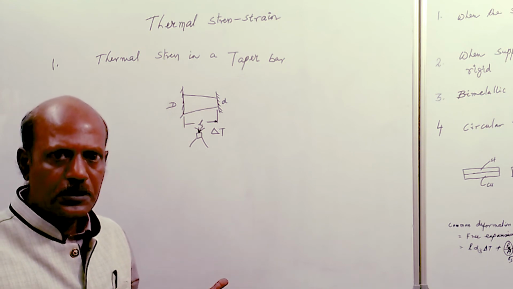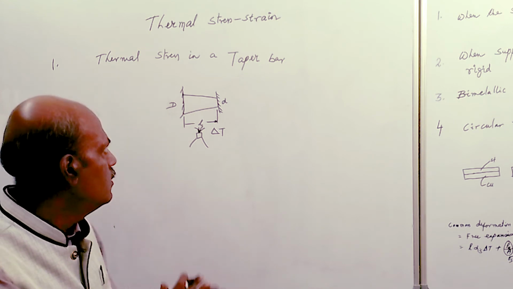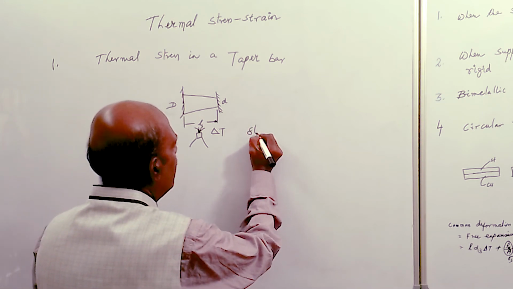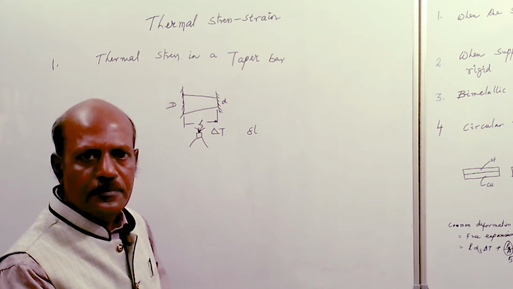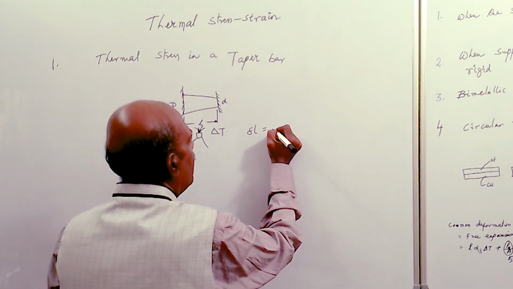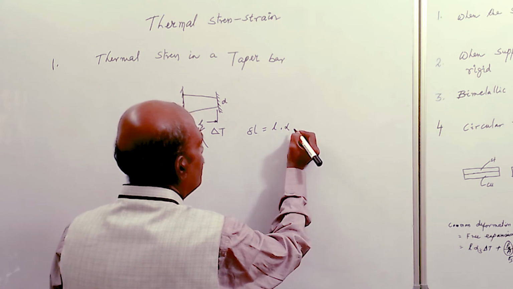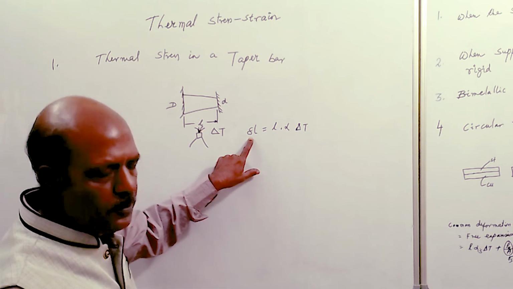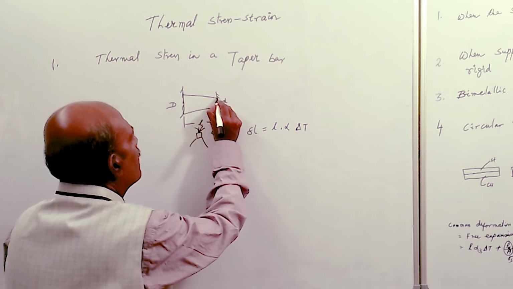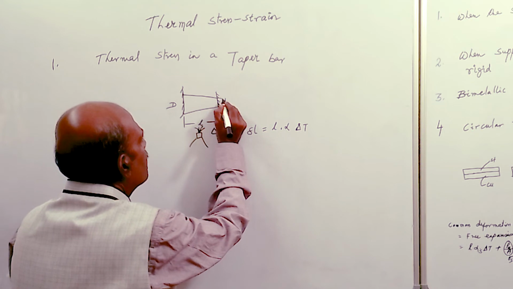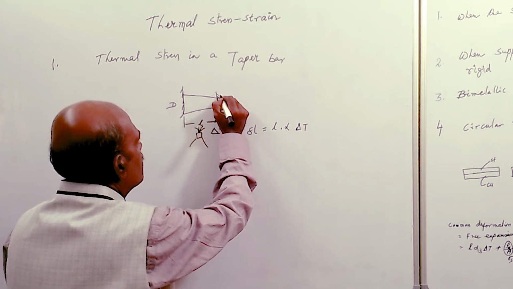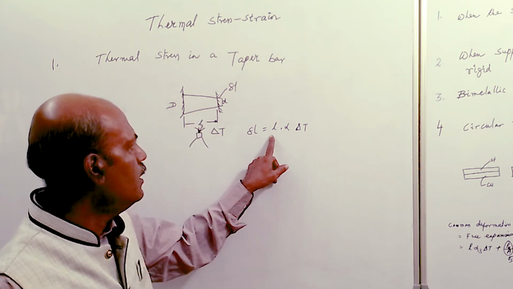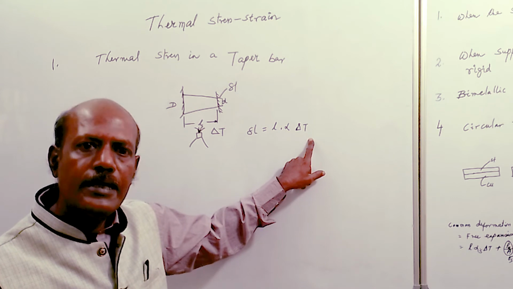Because of this temperature difference, the bar will expand, and the expansion, say delta L, is given by L into alpha into delta T. So delta L is the deformation produced in the taper bar. So delta L produced in the bar is given by L into alpha into delta T.